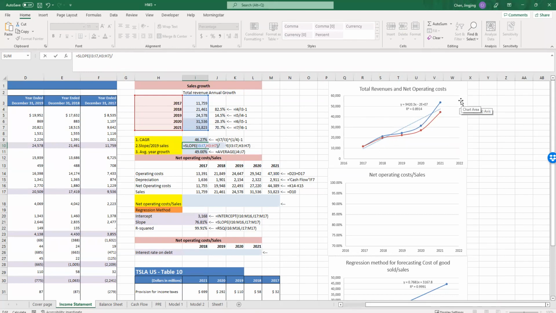If we extend this regression line here, the predicted value will be here. To calculate the growth rate, we'll use the predicted value here minus the predicted value here in 2021, and then divide by the value of 2021.